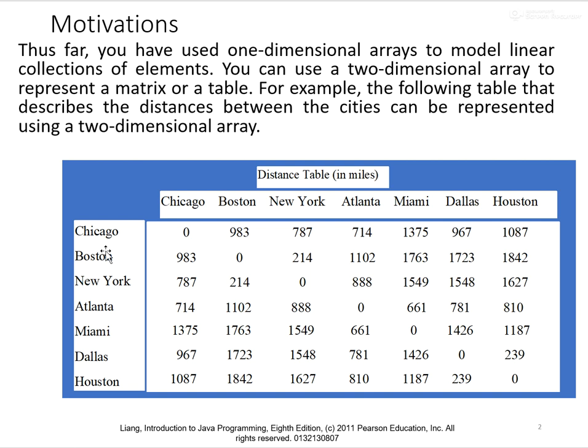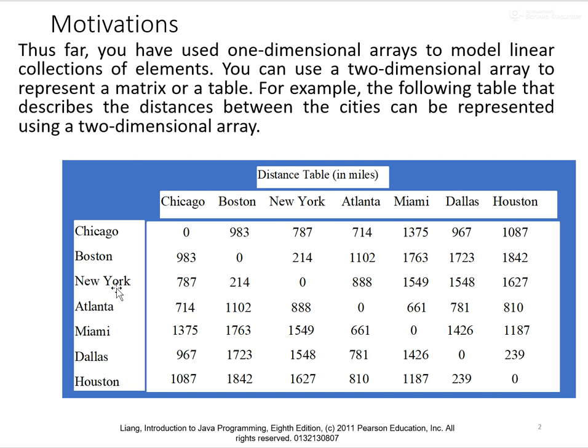You can see that if you want to keep this information in a data structure as part of a program, a one-dimensional array could do that, but you would have a one-dimensional array for each city. So the distance of each city from one city to all the other cities in one array. Basically keep one row of this table in one separate array.